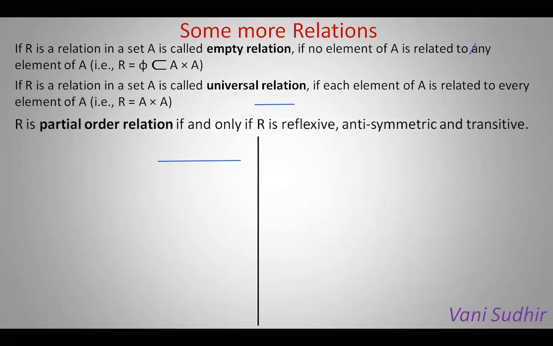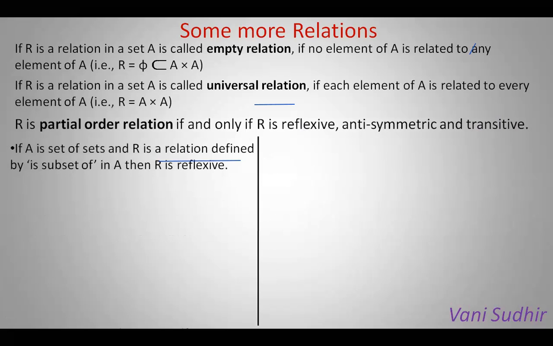One more thing is partial order relation, which will not be there in your textbooks. When can we say that it is a partial order relation? If R is reflexive, anti-symmetric, and transitive, then we'll say that it is a partial order relation. "Is a subset of" you have seen. Every set is a subset of itself. Therefore, it is reflexive.